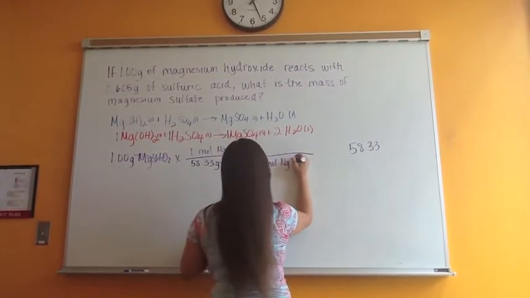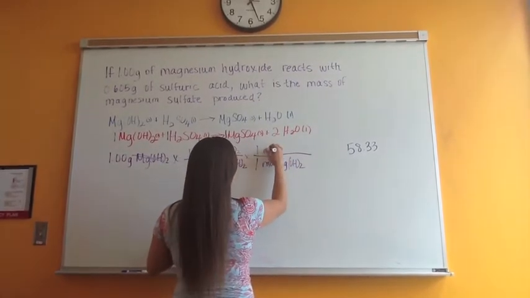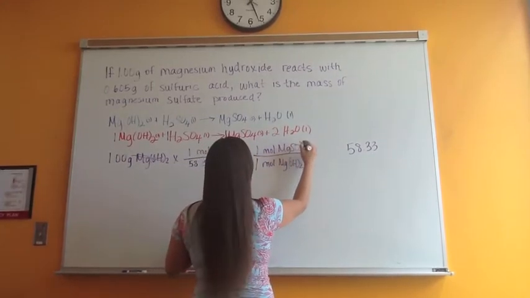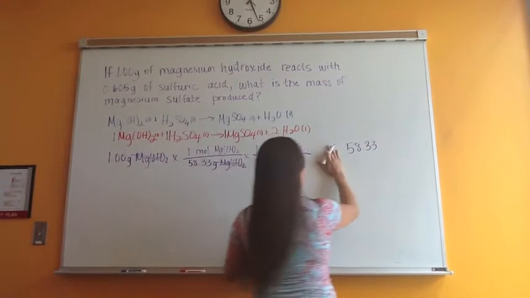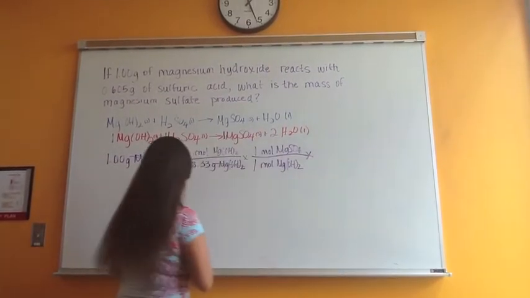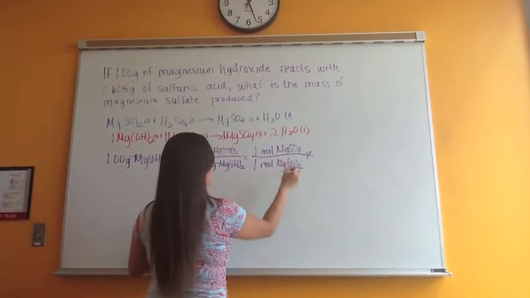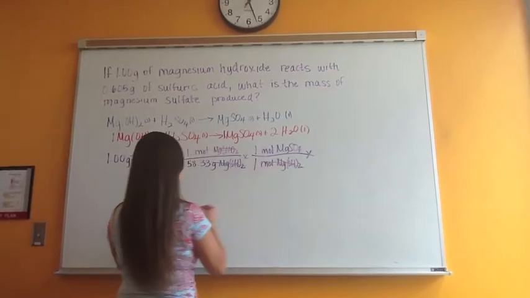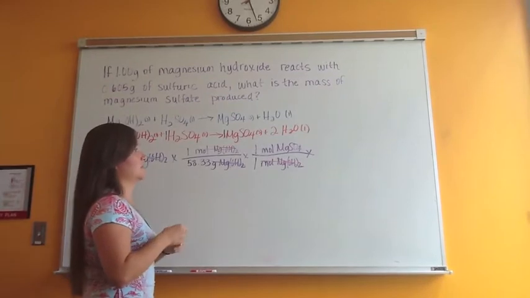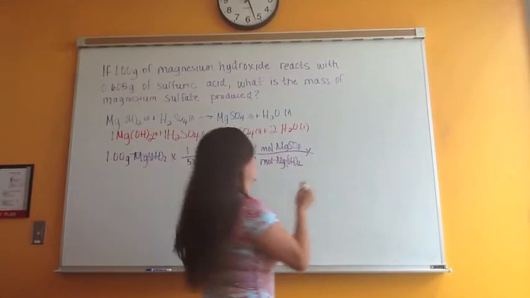Then we can erase the moles. Now we have 1 mole of magnesium sulfate, so we need to figure out the molecular mass of magnesium sulfate, and that is 120.38 grams.